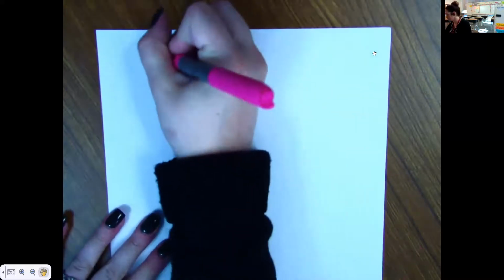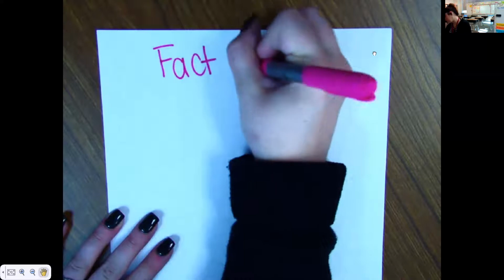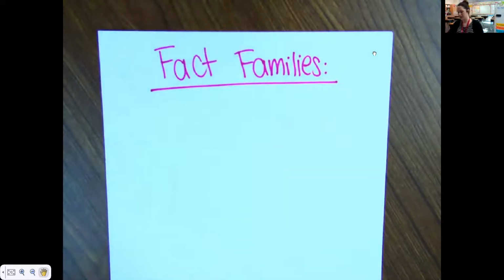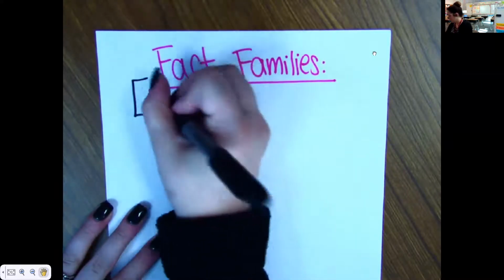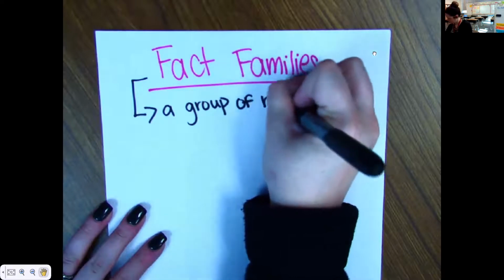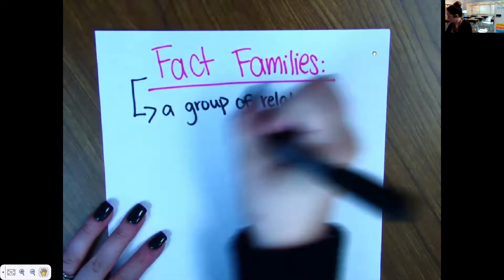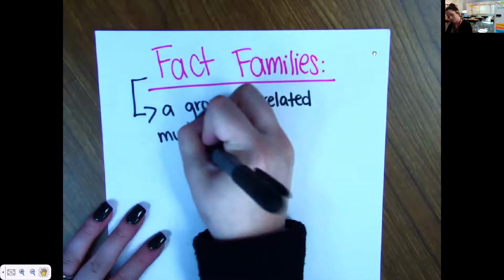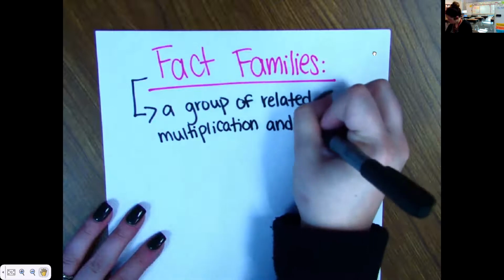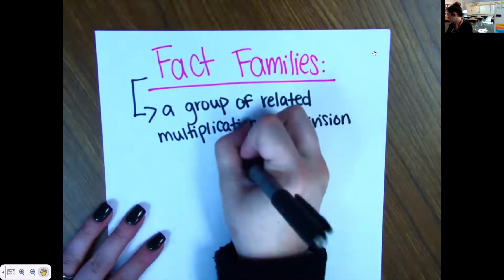All right, so if you remember, fact families are a group of related multiplication and division facts.